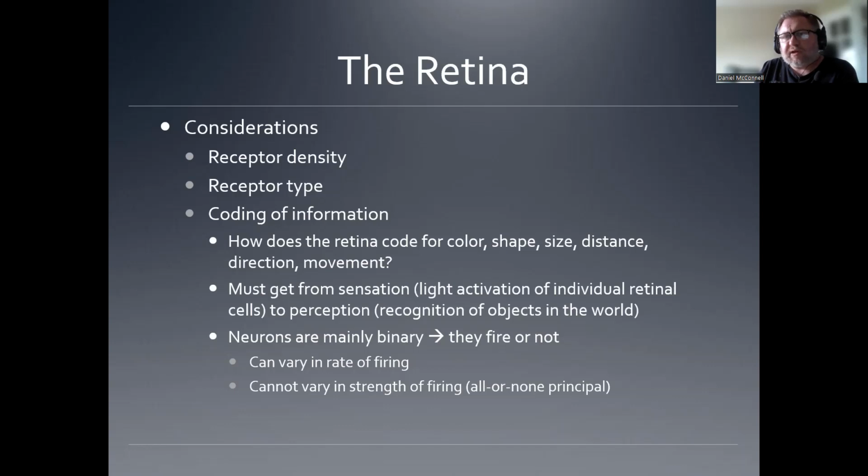So if you think about the properties of objects that we can see, the color of something, right? I can tell if it's red, green, or blue, or yellow, and so on and so forth, right? So the question is, how does the activity of these rods and cones provide information to the brain about that color? I'm also pretty easily able to judge the shape of an object, right?